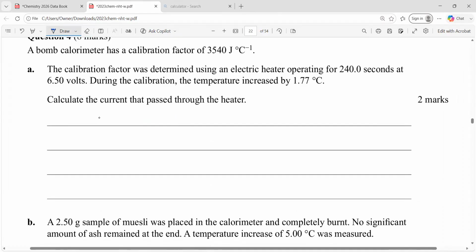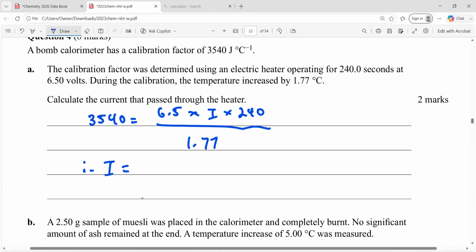So E, 3540, is basically equal to 6.5 times by, so that's V, and we're trying to find I, times 240. They've already done it into seconds for us, 1.77.